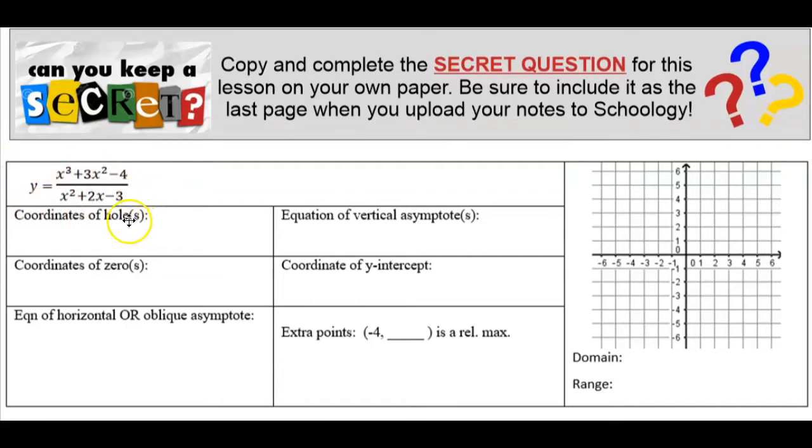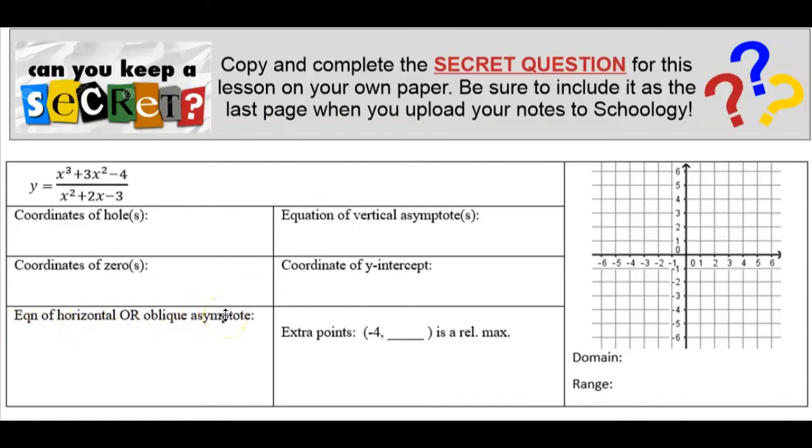Step 1, find the coordinate of the holes, if any. Step number 2 is to find the equation of the vertical asymptotes. Then step 3, find the coordinates of any zeros. Step number 4, find the coordinate of the y-intercept. Step number 5 is to determine the equation of the horizontal or oblique asymptote.